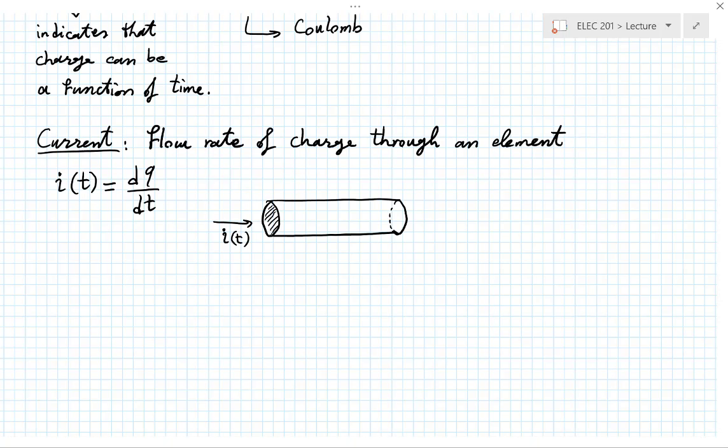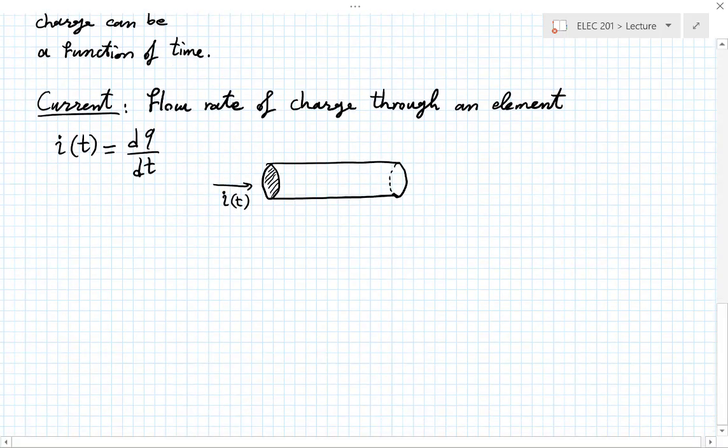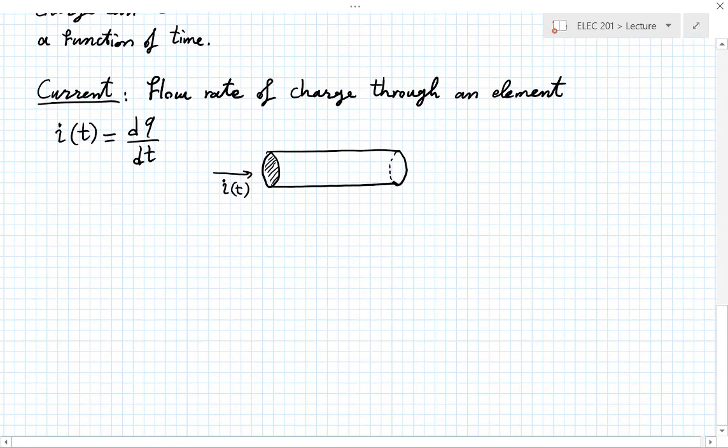So at a given moment in time, you could have 1 amp going through, and a split second later, you could have 1.3 amps going through. Okay? So we really have to get used to thinking in time-dependent terms. And the unit is amps.